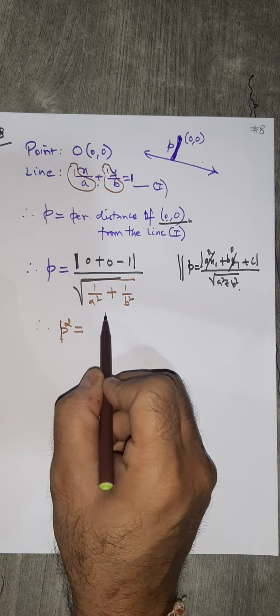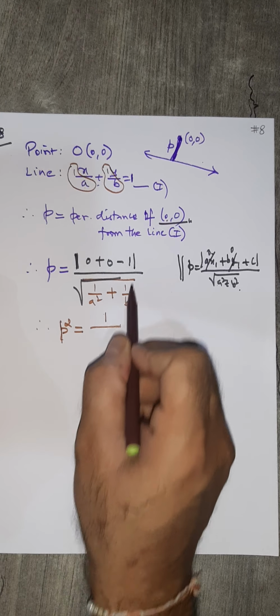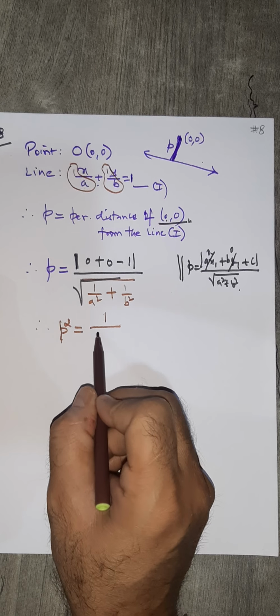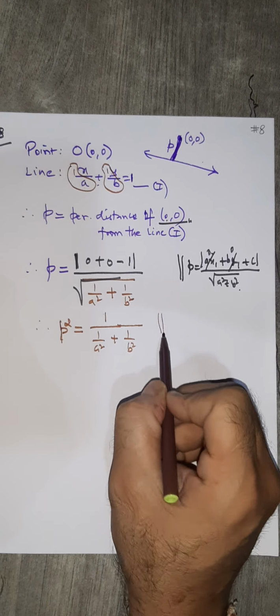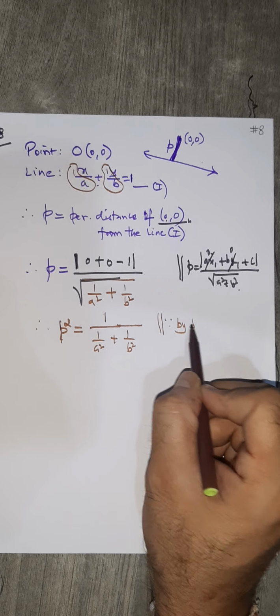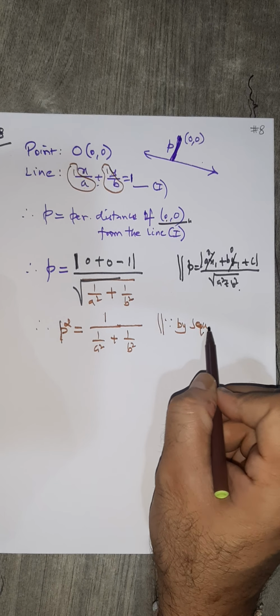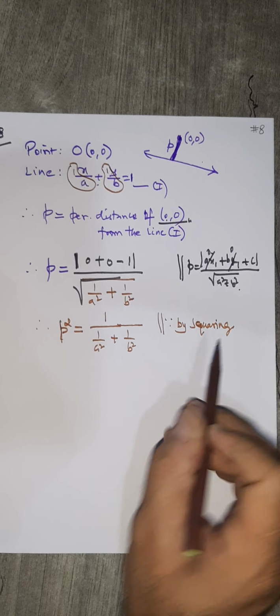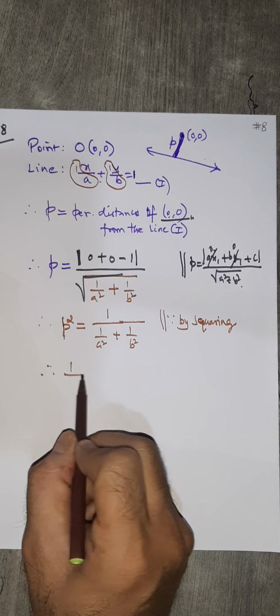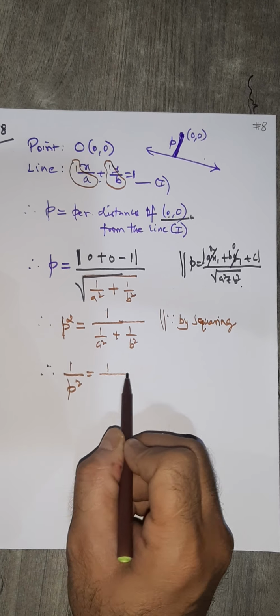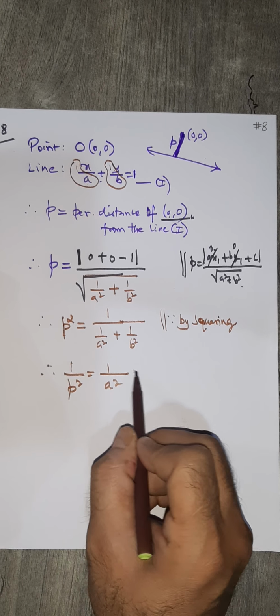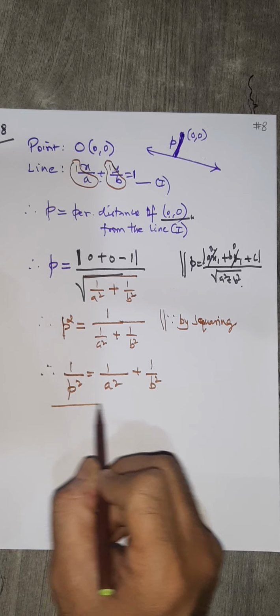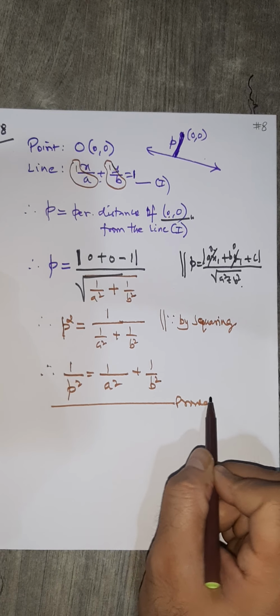So p square equals 1 over this, free from the square root. Therefore, taking the reciprocal, 1 upon p square equals 1 upon a square plus 1 upon b square. Proved, that's all, just by taking the reciprocal.